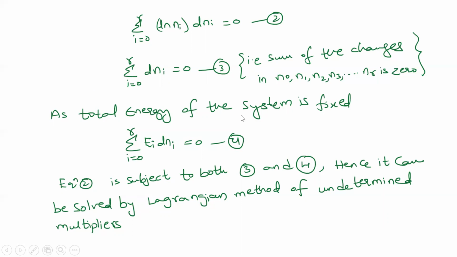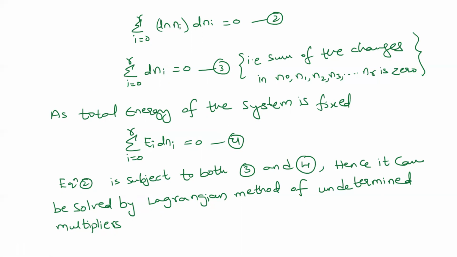And now, as the total energy of the system is fixed, the energy level multiplied by the change in the number of particles, whether increased or decreased, has to sum to 0, because the total energy of the system is fixed.